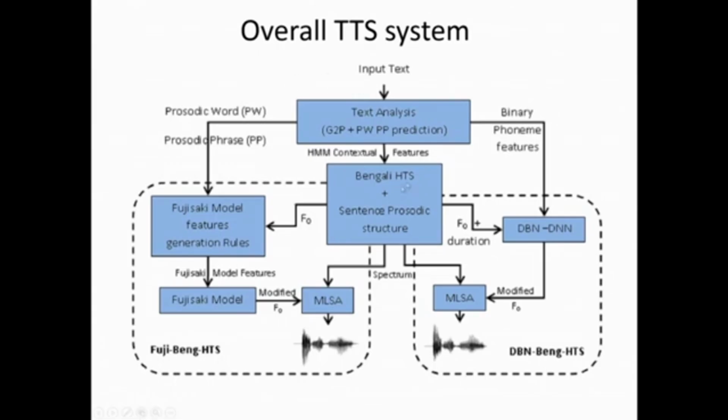Then we did the HTS part. The HTS engine is nothing but a decoder with segmental information and supra-segmental information, which is F0. So we extract the F0 contour from the HMM TTS and modify it as per the language requirement.